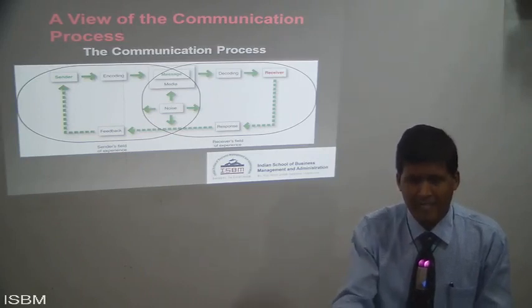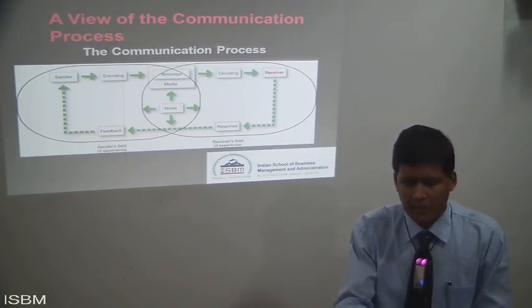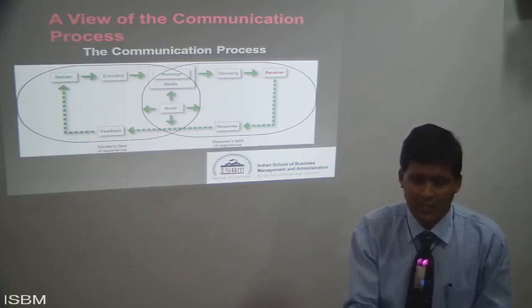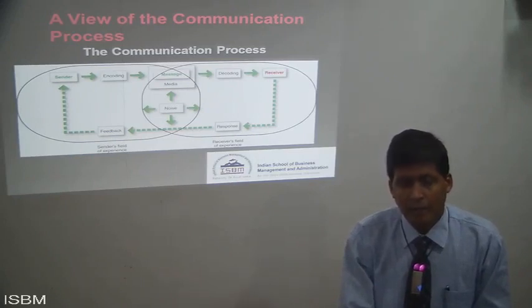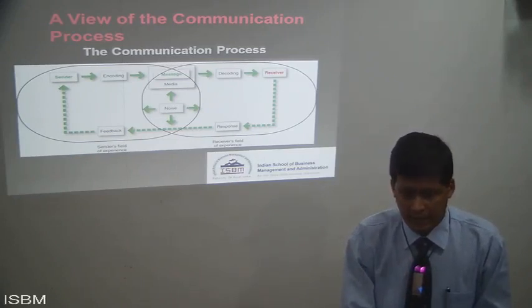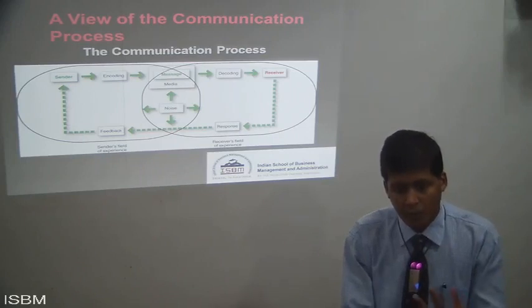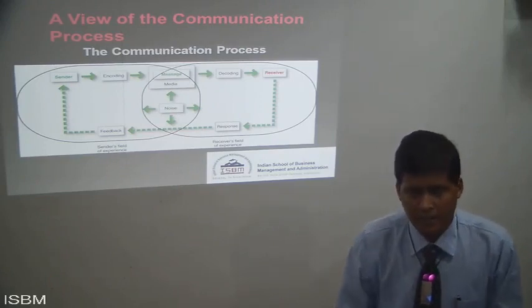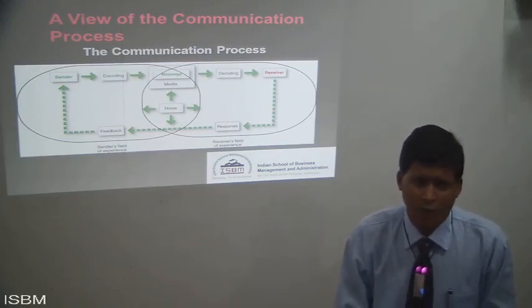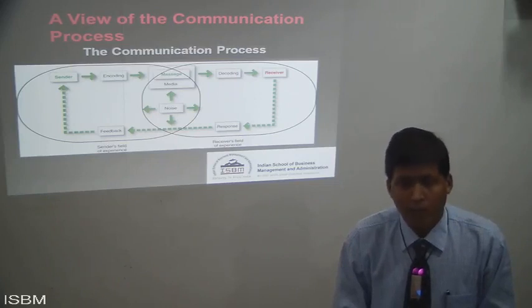If you see, the message is there, and going ahead, it is received by the receiver by decoding it. So the receiver decodes the message, and based on this message he makes the decision about it, whether to stay on with the brand, buy more brands, stop the brand, whatever the case may be.